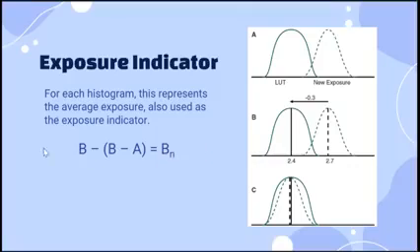It's complicated in the book, but all you have to do is just subtract B minus A, and then you'll have the exposure indicator. Okay, we could request the computer to simply find the difference between these two average values by subtraction.